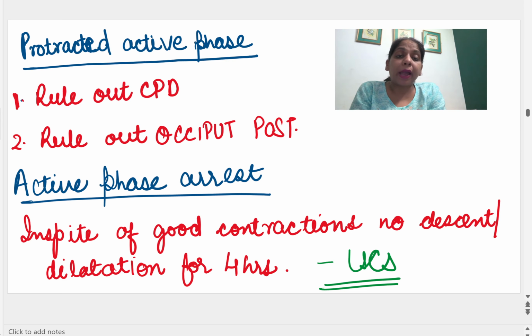Okay, so in spite of good contractions, if there is no descent or no dilatation of the cervix for 4 hours, it means the active phase is stopped. Arrest means stop, protracted means slow down. Okay, so if there is arrest, then we will do the cesarean.